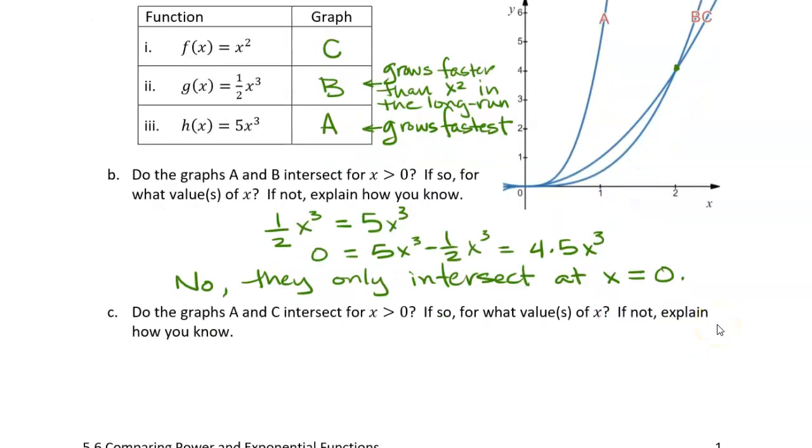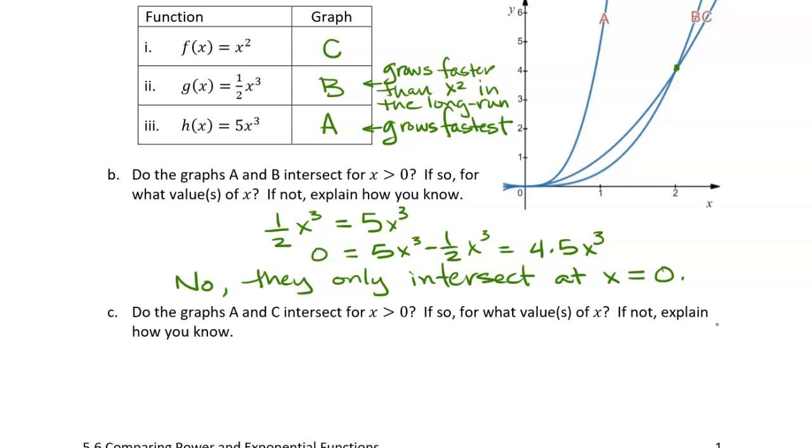Let's look at the next part. We want to know, do the graphs of A and C intersect for x greater than 0? Now A looks like it's growing very, very fast, and C is way over here. From the graph, you can't tell whether they're intersecting or not. But let's do the same thing that we did before.